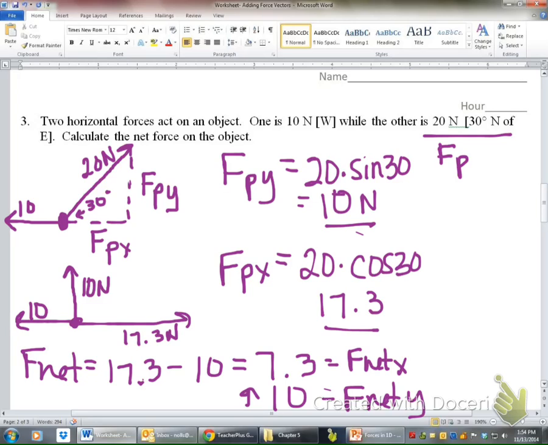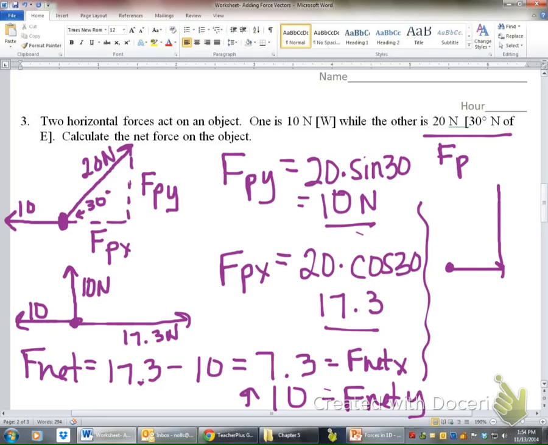Okay, so now we draw our new triangle because we have our components here. I'm going to do this kind of over on the side. Okay, we have our new components of our triangle. We need to go 7.3 to the right.